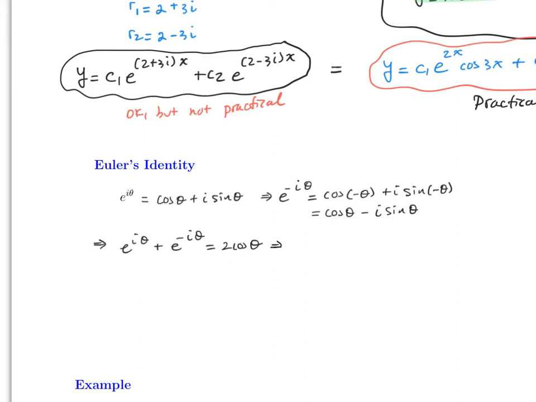So therefore, cosine theta equals e to the i theta plus e to the minus i theta, divided by 2. Now you can use the same identity to cancel the cosine, and you will end up with an identity for sine also.